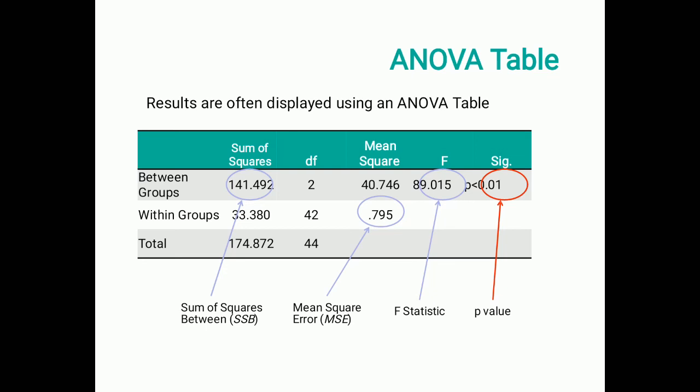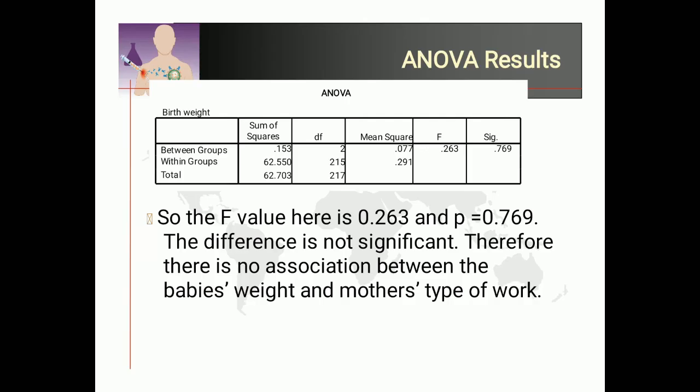The F value in the one-way ANOVA is 89.015 and P is less than 0.01. In the earlier example, the F value is 0.263 and the P value is 0.769.